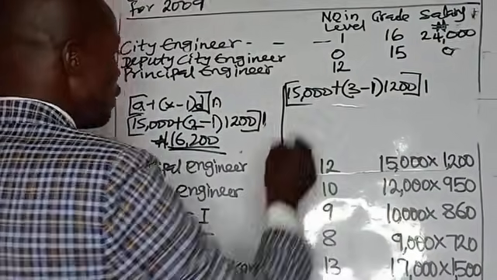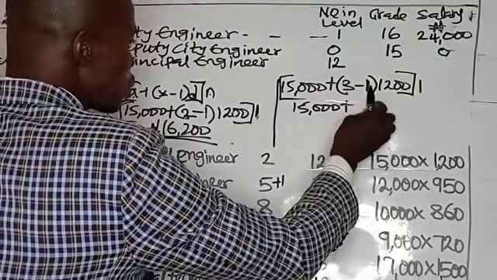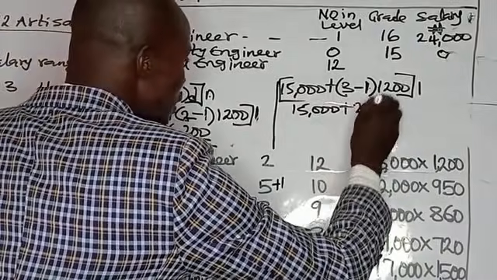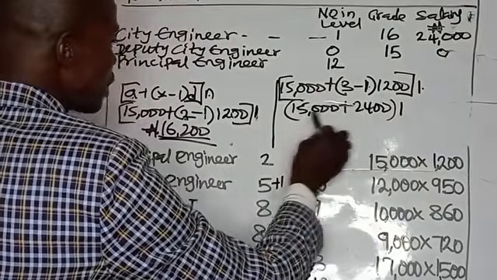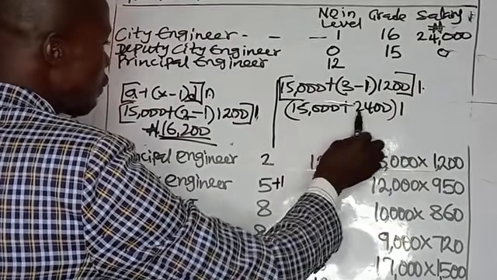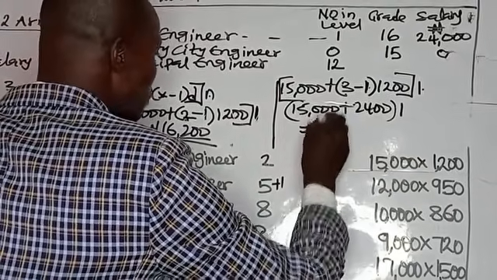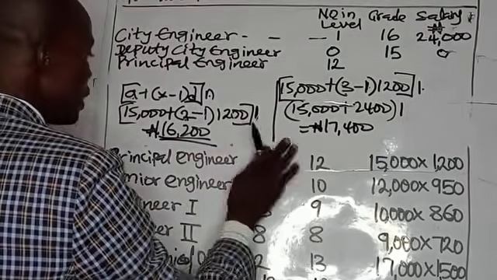So we have 15,000 plus 3 minus 1, that will be 2. 2 times 1,200, that will be 2,400 multiplied by 1. 15,000 plus 2,400, that will be 17,400. 17,400 times 1, so you have 17,400.